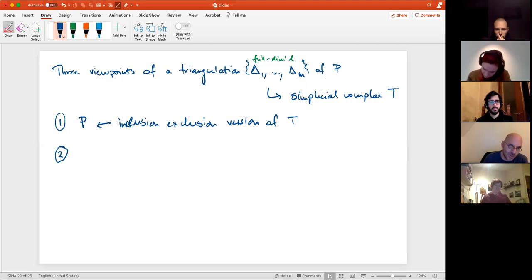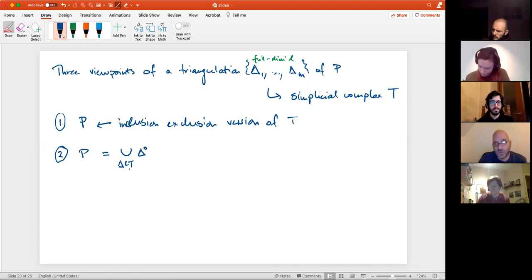So viewpoint number 2: now I can actually say what I mean. I can write P as the union of the interiors of my simplices. For this I again need the whole complex, correct?